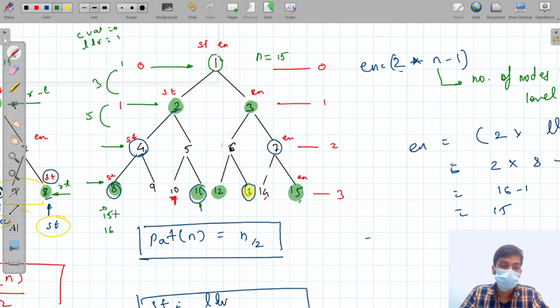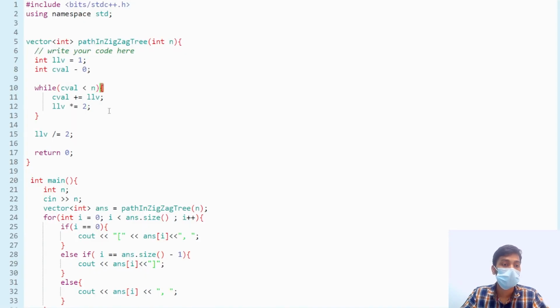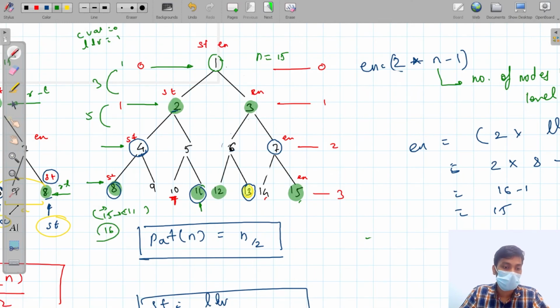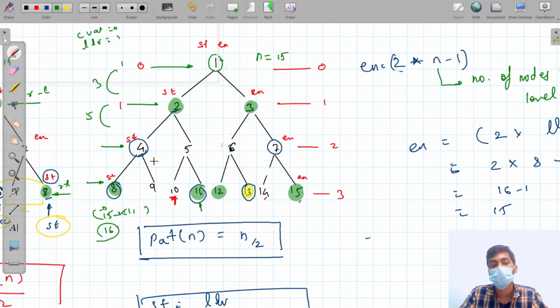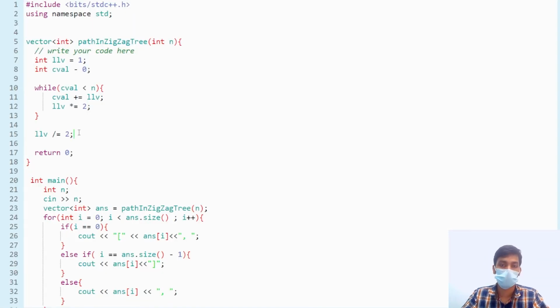So at this position cval is going to be 15, and this 15 is going to be greater than 11. Sorry, this while loop is going to be broken out. So at this particular point of time, level is going to be 16. To come back to our original level, we're just going to divide it by 2.